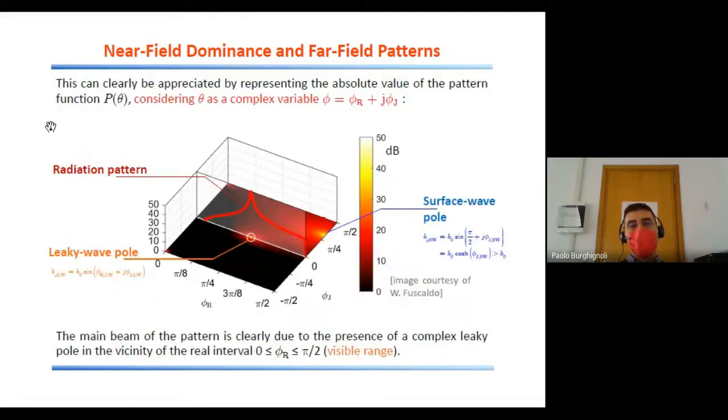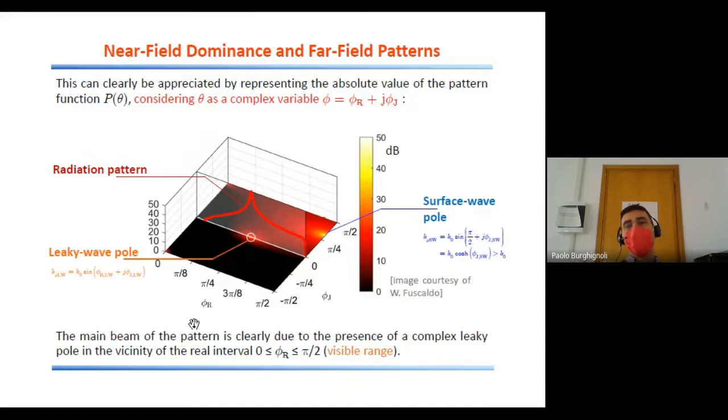In this last slide, I illustrate the concept that I discussed before. Here you can see an extension of the spherical angle theta to the complex variable phi. So we are now in the complex plane of the angle phi_r + j phi_j, where you can see phi_r on this axis and phi_j on this axis.